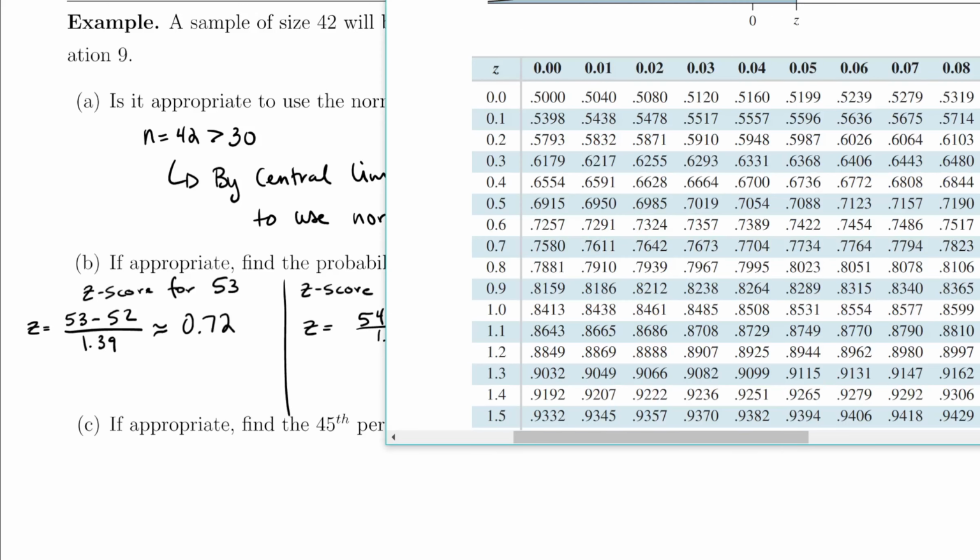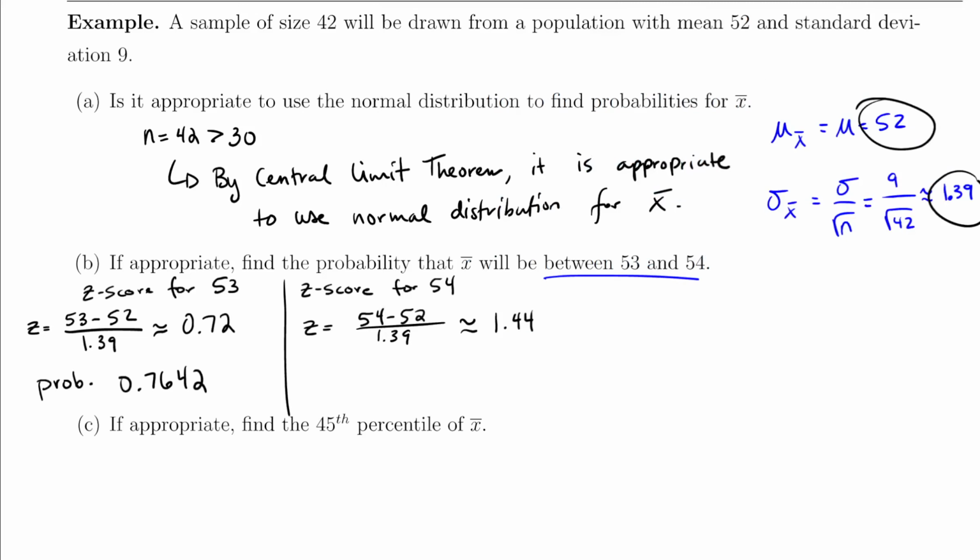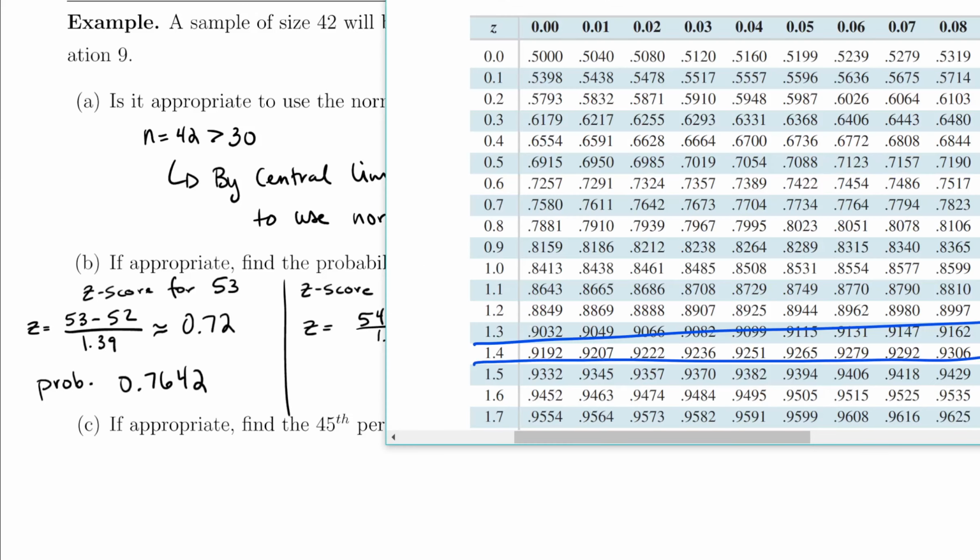So for 0.72, let's find that on our chart. And we get a 0.7642 there. Next, let's find for the z-score 1.44. And we get 0.9251.